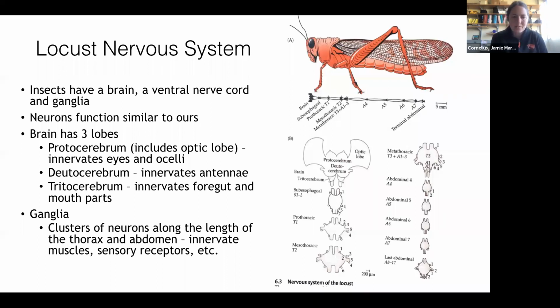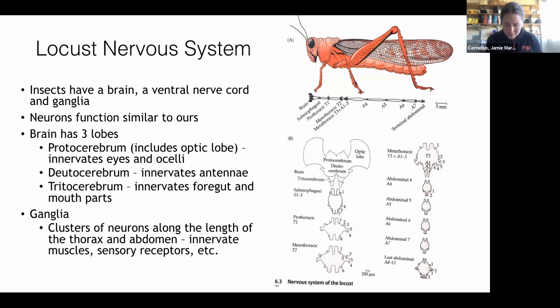The ganglia are clusters of neurons along the length of the thorax and the abdomen. They're named, and you can see in the upper picture where their location is along the length of the locust. Starting at the brain, it moves into the subesophageal ganglia, the prothoracic ganglia, the mesothoracic ganglia, the metathoracic ganglia, on down the abdomen.